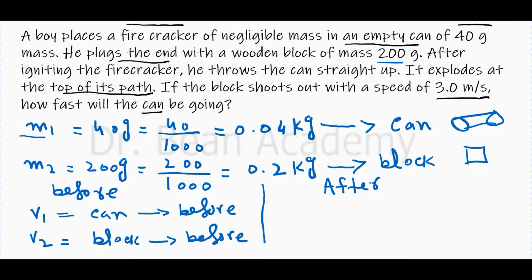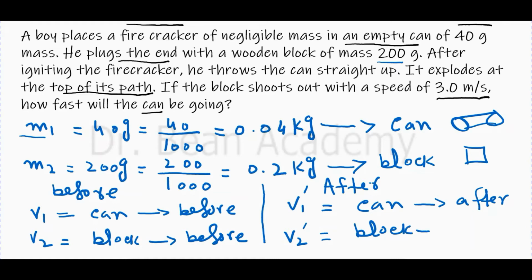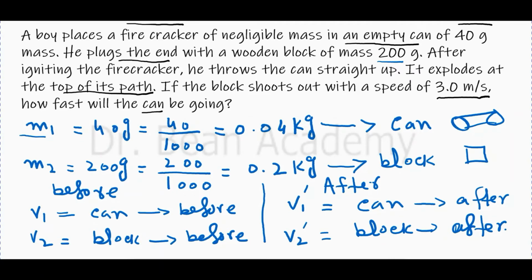Similarly, v1 prime is the velocity of the can after the explosion, and v2 prime is the velocity of the block after the explosion. So now we have defined all the variables, and we can go on to solve the question.